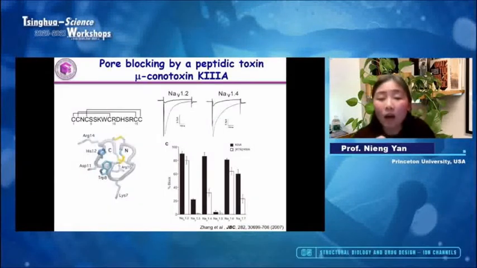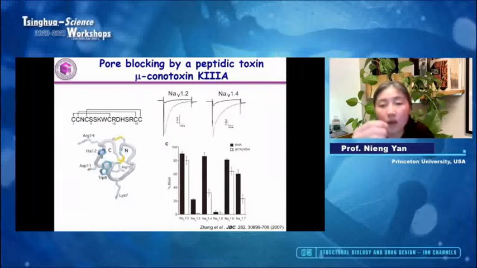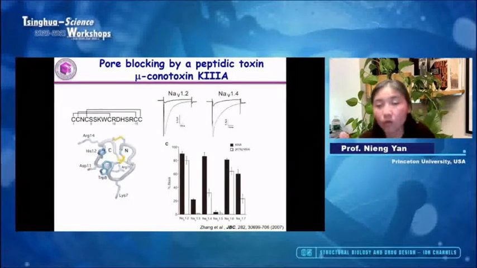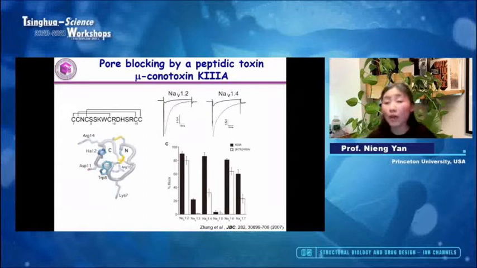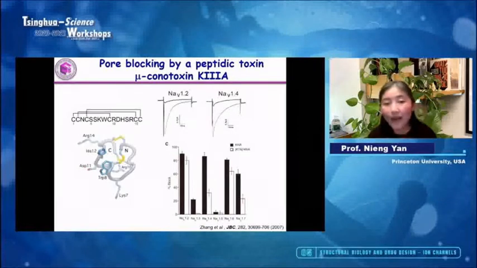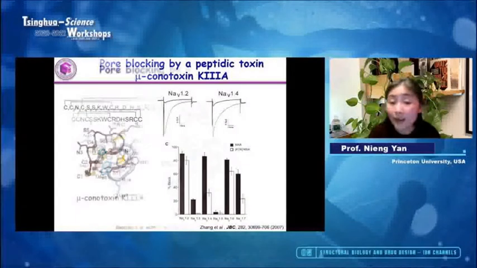One of the main constituents in the venom is a peptide toxin known as mucotoxin K3A, which I will refer to as K3A, a 16 amino acid peptide that contains 3 pairs of disulfide bonds. But for a long time, how this toxin blocks the sodium channel remained unclear.